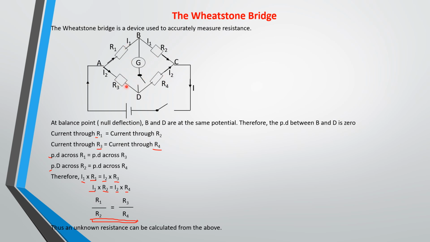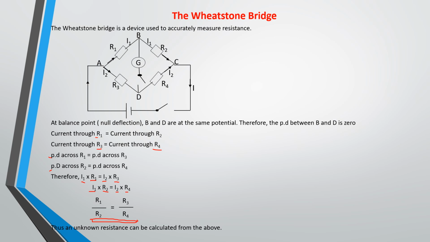So once you know that, you will know how to arrange your resistances for any question that you want to solve. Okay, so here you see that R1 over R2 equals R3 over R4. Very easy. So from here you can calculate the unknown resistance for the Wheatstone Bridge.